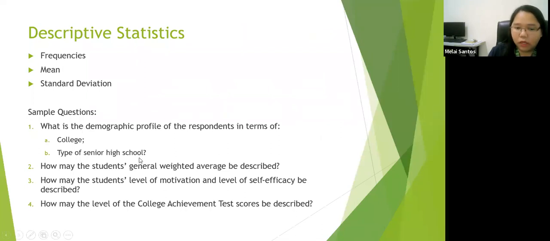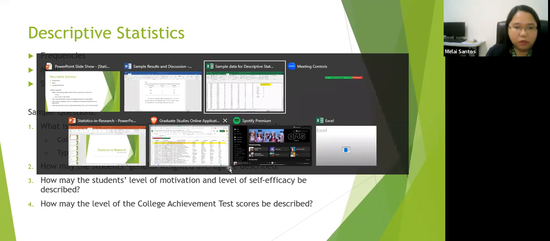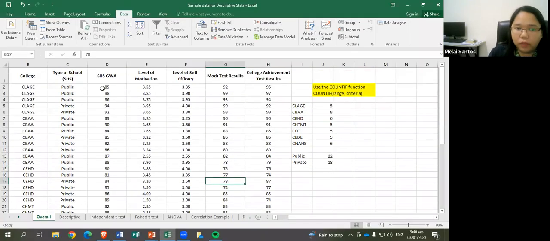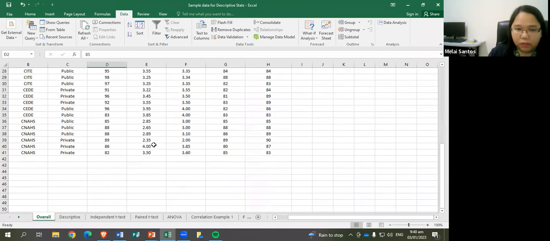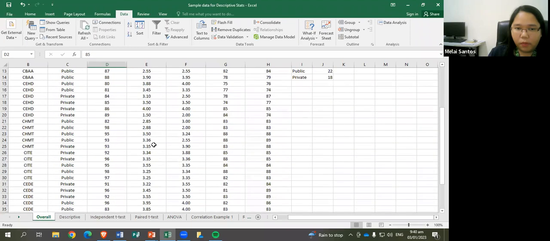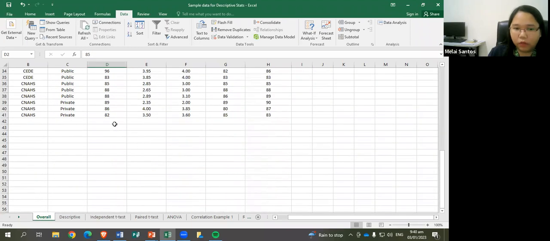How may the student's general weighted average be described? So let's see. GWA. How do we do this? How do we get the GWA of the students? What function are we going to use in Excel?